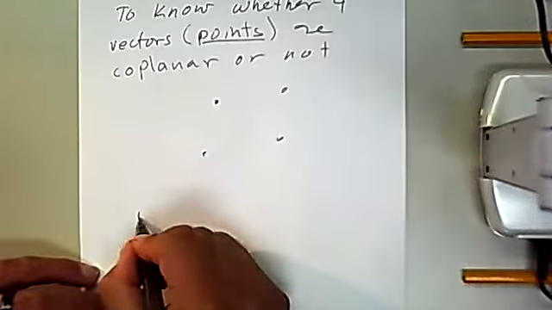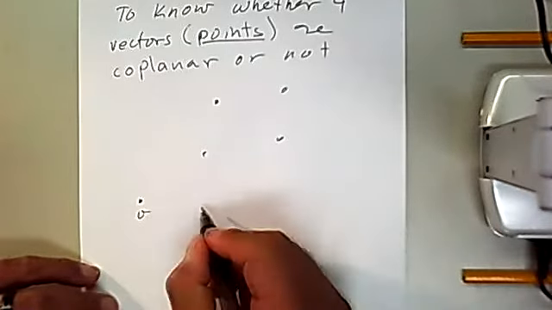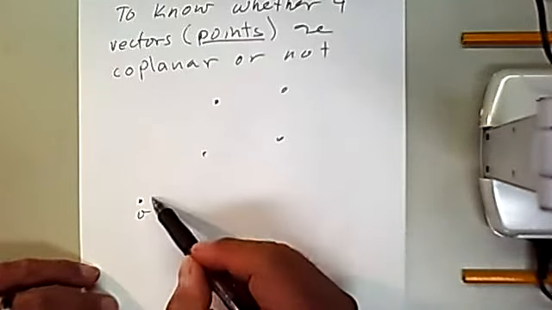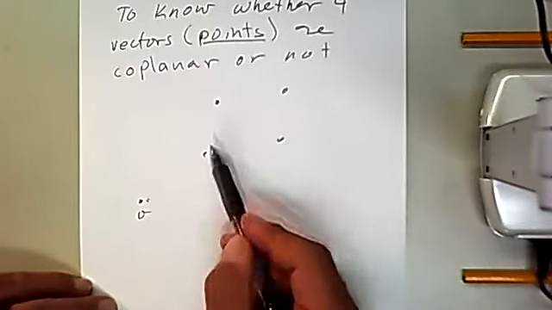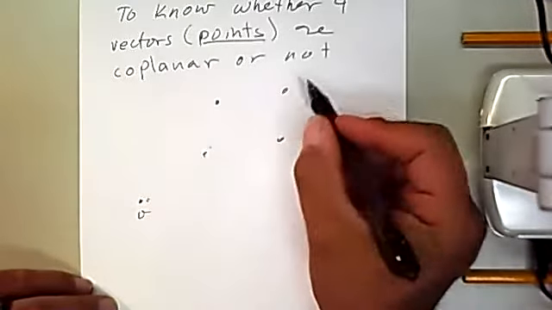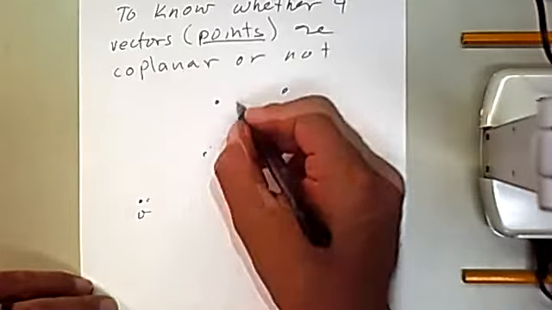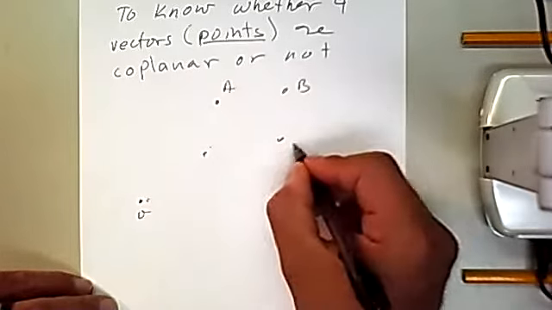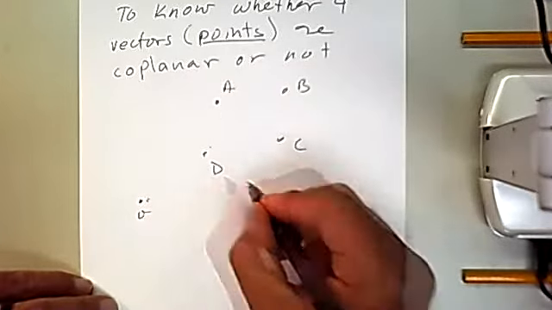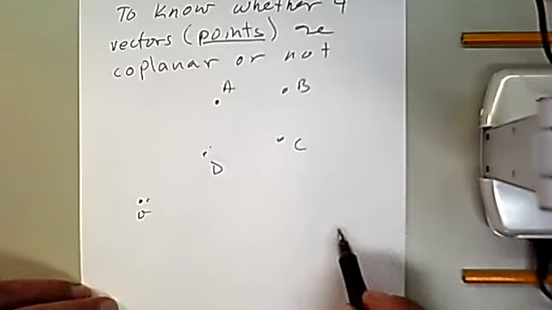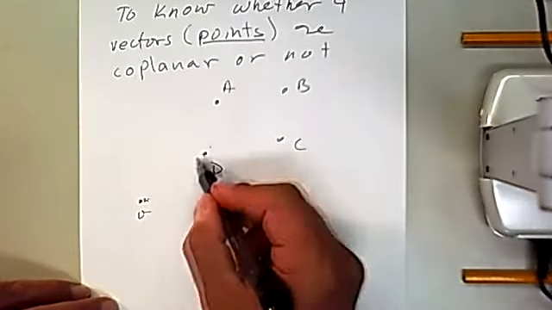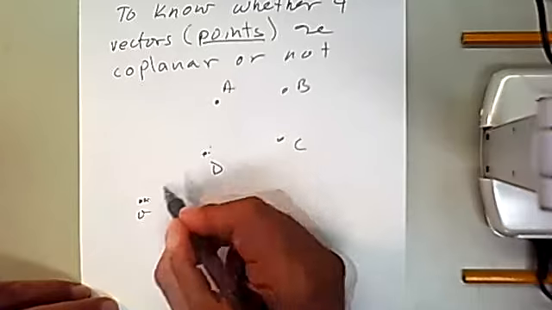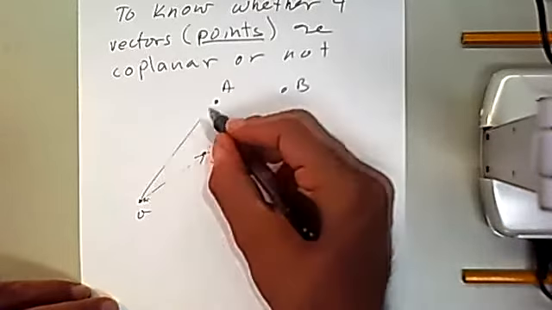So let's say the origin is here. Then with this origin, now we have 5 points. 1, 2, 3, 4. Let's call them capital A, B, C, D. So when we think of this point, we're thinking, well, from here to here. When we write the coordinates of this point, we're talking about those vectors.